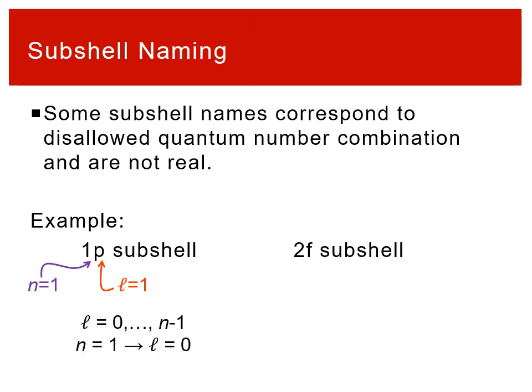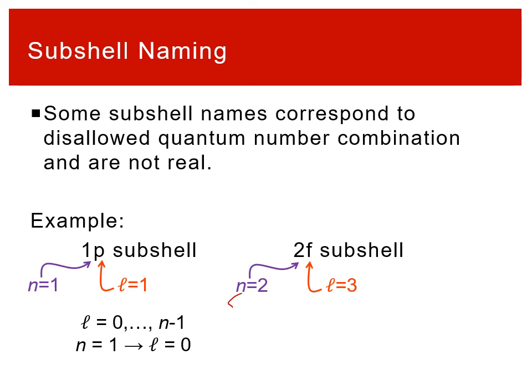But the thing is, the possible values of L go up to N minus 1. So if N is equal to 1, 1 minus 1 is 0, the highest possible value for L is then 0. So 1P is impossible. The value for L must be less than the value for N. It can't be the same, and it can't be greater. So if we look at, for example, 2F, N equals 2, L equals 3.